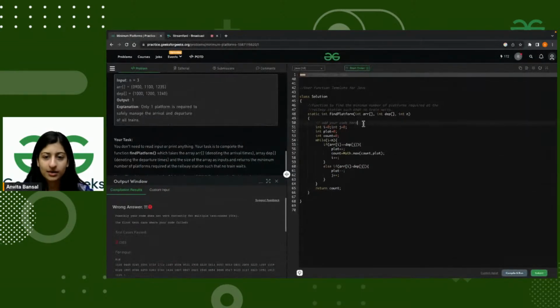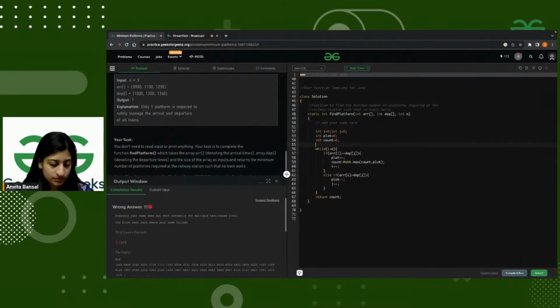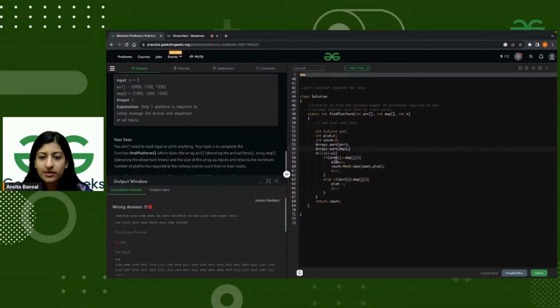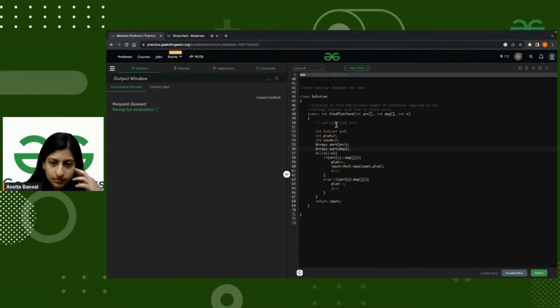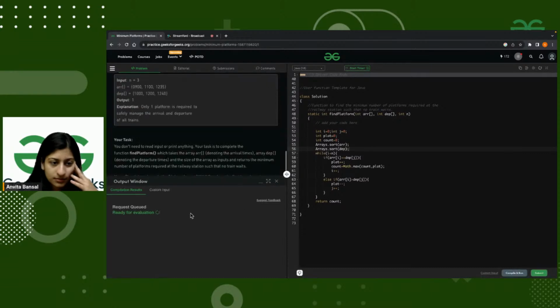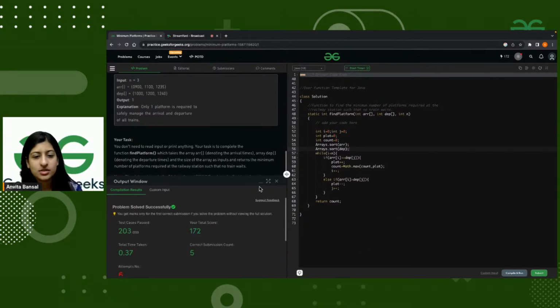So who will do that? I am running these two cases, only these conditions, once I'm sorting both the arrays precisely. Fine. So this is your problem.